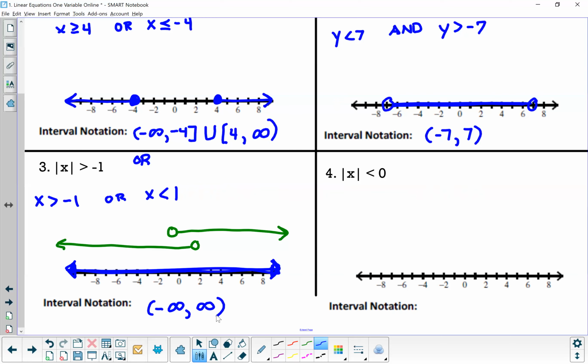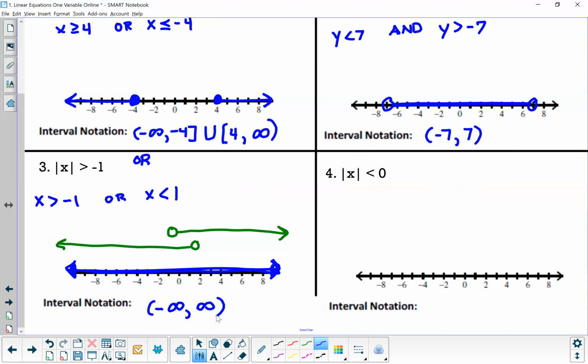Okay, now let's take a look at number 4. Number 4 is kind of tricky as well. So this one, you have the absolute value of x is less than 0. So the answer might not jump out at you, all right?